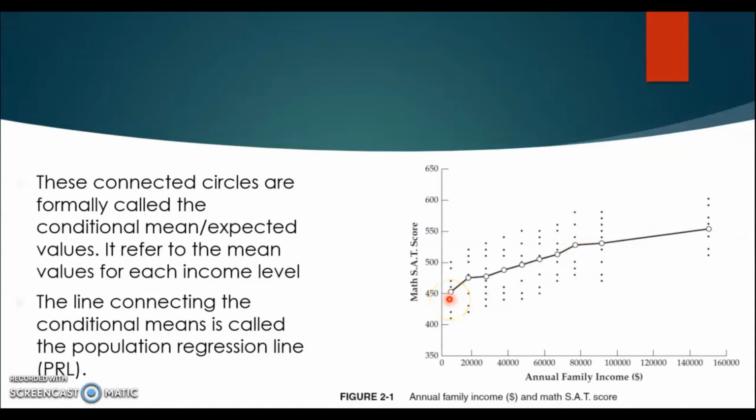And this population regression line gives the average or mean value of the dependent variable, which is the math SAT score, corresponding to each value of the independent variable, in this case, the annual family income in the population as a whole.